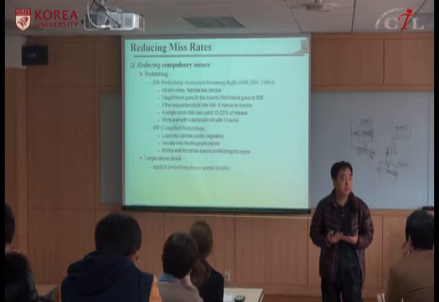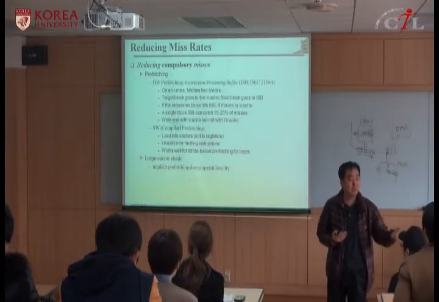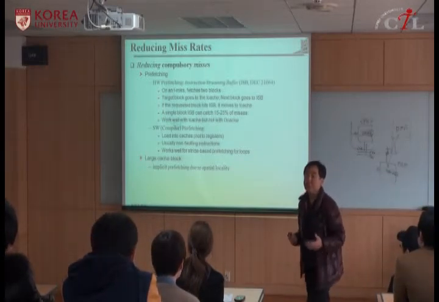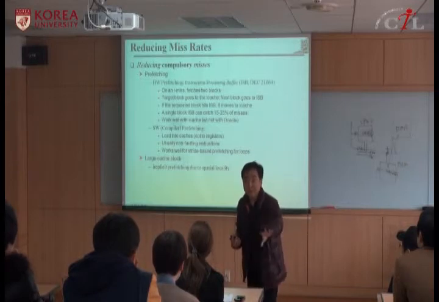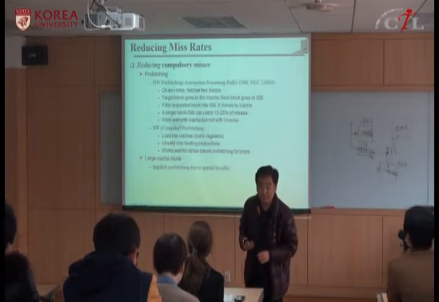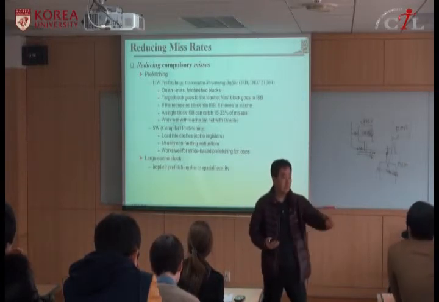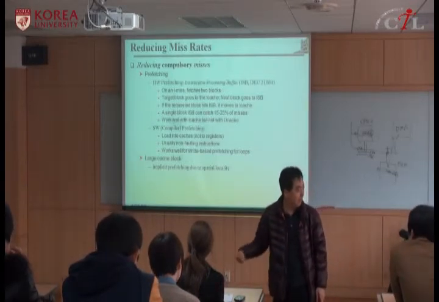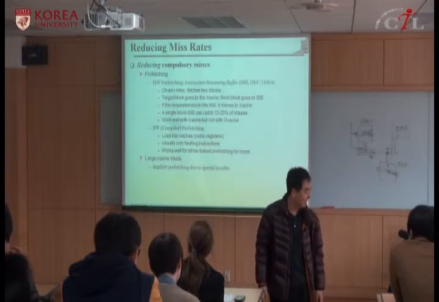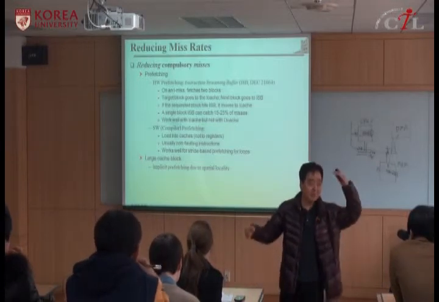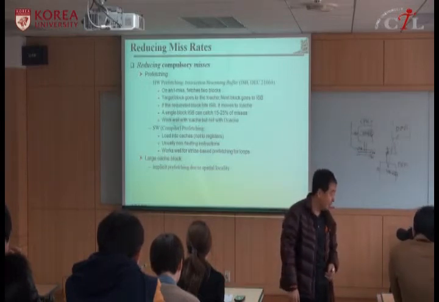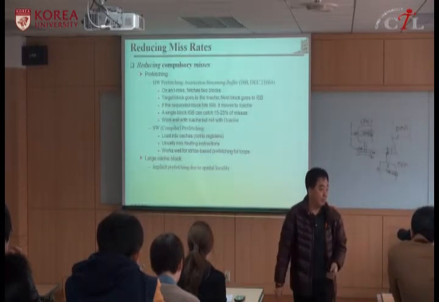But you can avoid it if you predict and bring the memory block into the cache beforehand, before you access it, right? As soon as your program starts, the cache is smart. They start bringing in memory blocks before you access some address. Then you can avoid this compulsory miss because you have brought in the memory block beforehand.